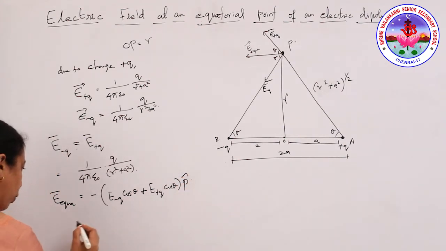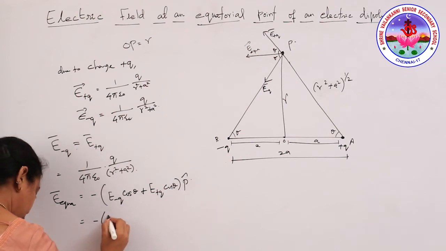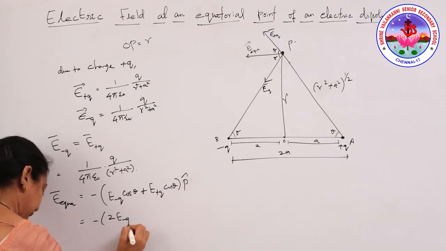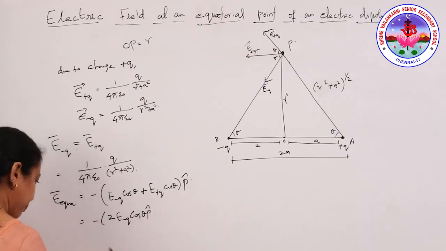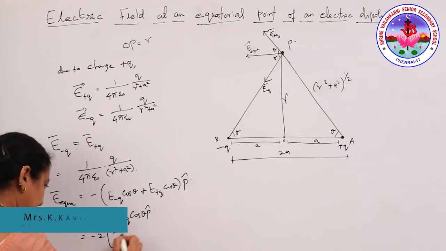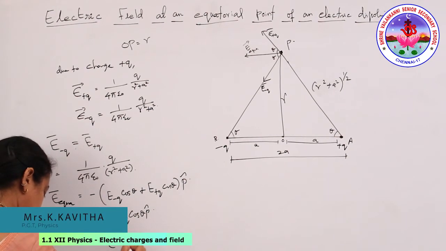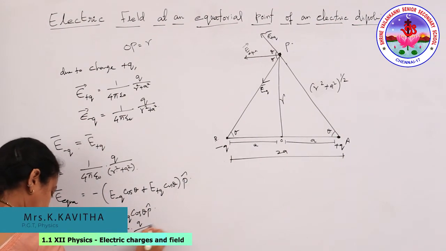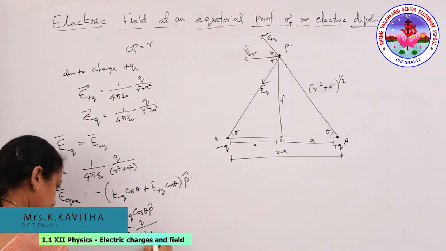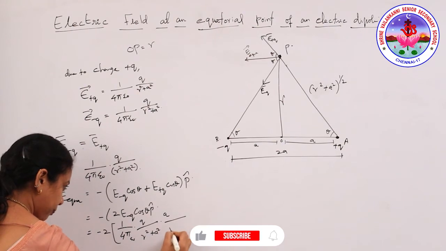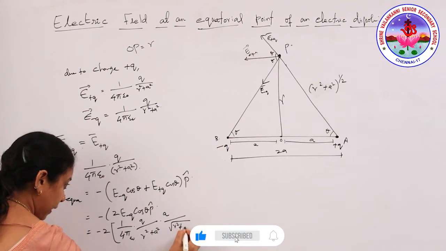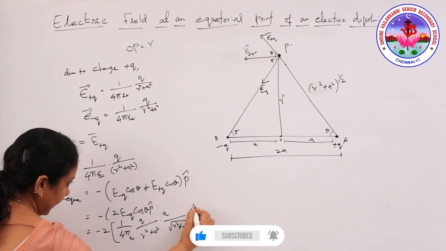So, you will now get minus of 2 E minus Q cos theta P cap, which is equal to minus 2 into 1 by 4 pi epsilon naught into Q by R square plus A square into A by root of R square plus A square into P cap.